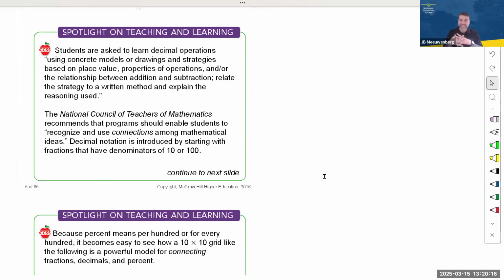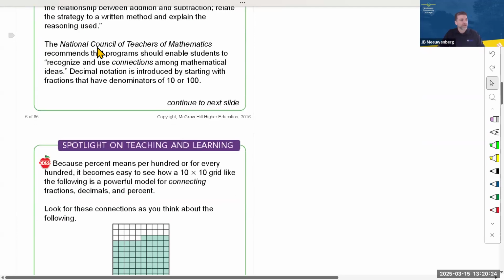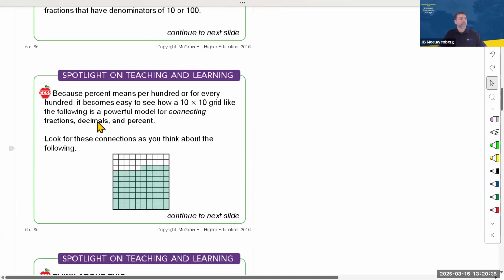Once we can link ideas together, mathematics becomes very compressible. Okay, once you start to see the connections to things, you'll notice that here, the National Council of Teachers of Mathematics recommends that programs should enable students to recognize and use connections among mathematical ideas.